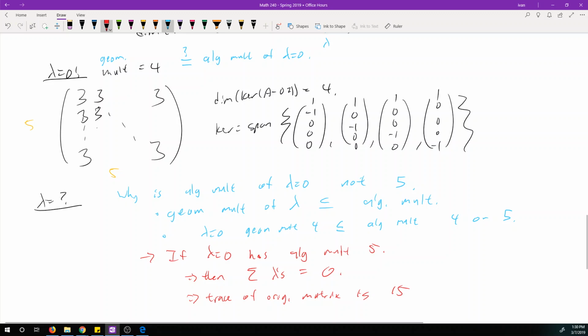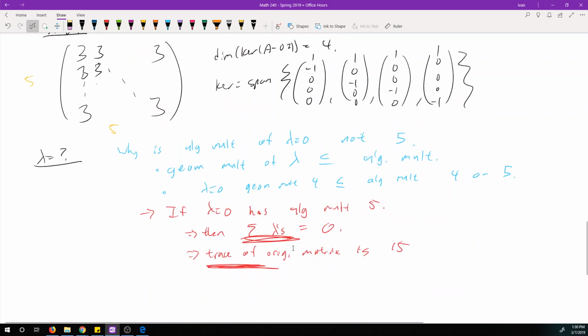But we know that the sum of the eigenvalues must be the trace of the original matrix. So this implies that lambda equals 0 can't have algebraic multiplicity 5. Therefore, lambda equals 0 must have algebraic multiplicity equal to 4, because it's 5 or 4, and if it's not 5, then it has to be 4.